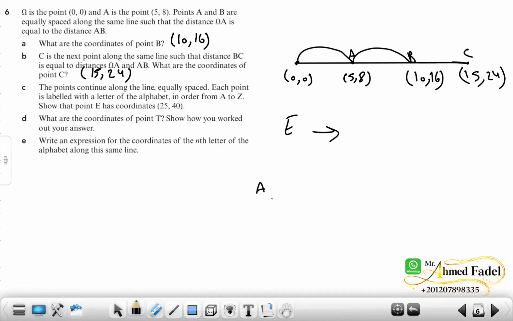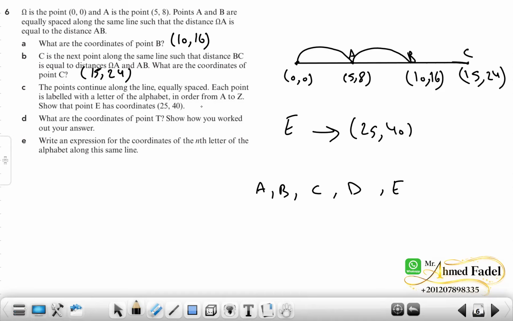We got A, B, C, D, then E, right? It is the fifth letter. So you're going to need to multiply by 5. It is going to be here 25. And then the 8 also by 5 is going to give you 40. So it is 25, 40.